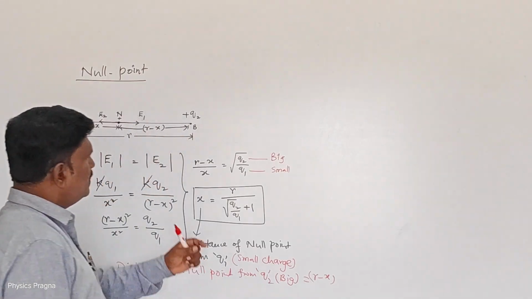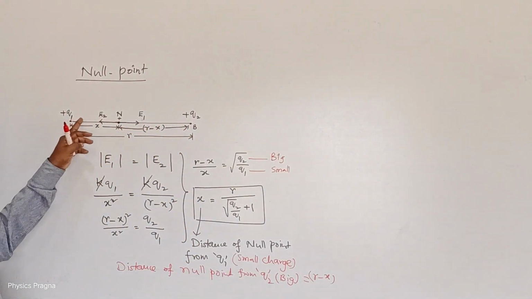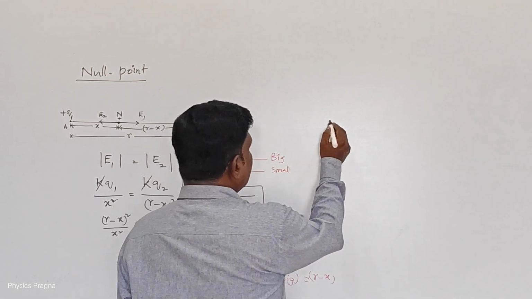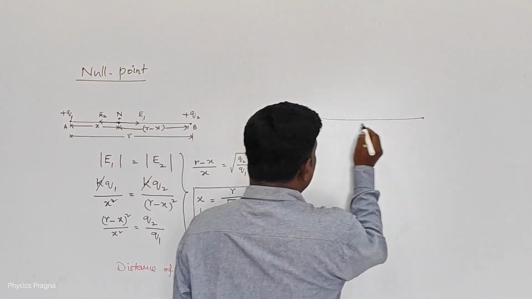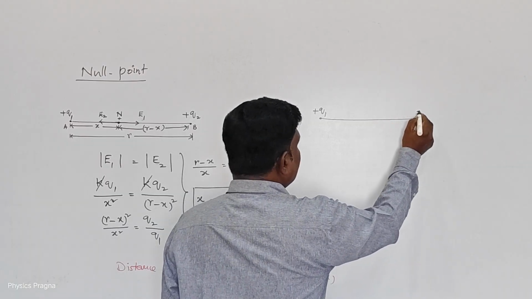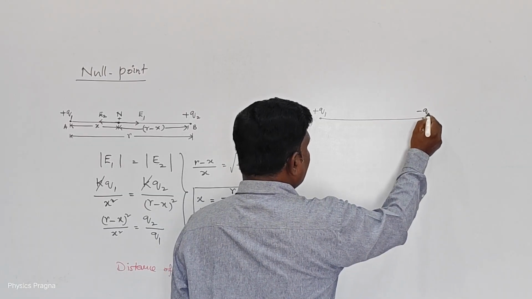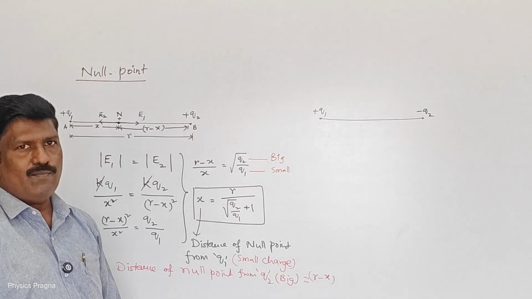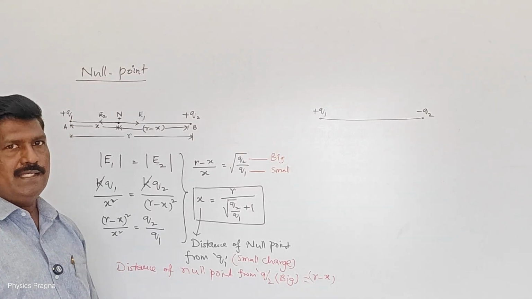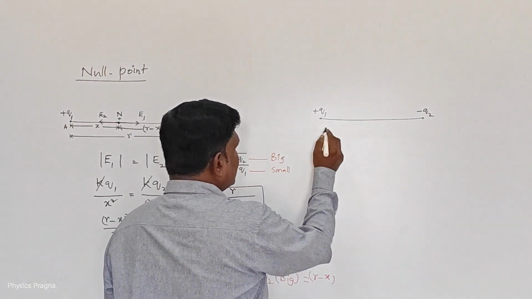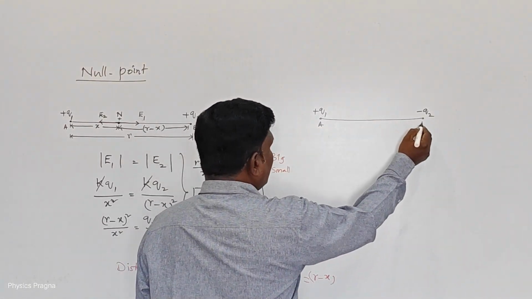This is the case of like charges. If unlike charges are there here, this is plus Q1, this is minus Q2. You remember, always the null point will be outside the system of charges. This is the system of charges. This is A, this is B position.